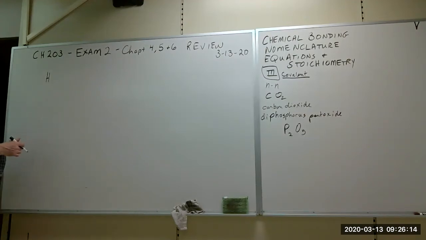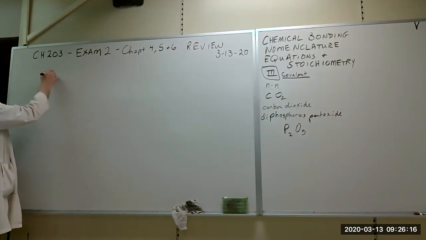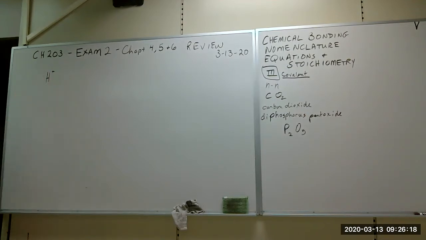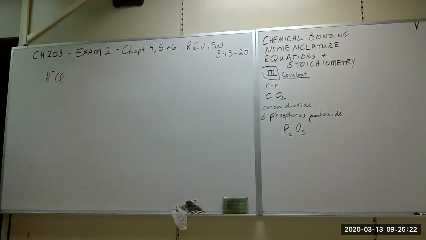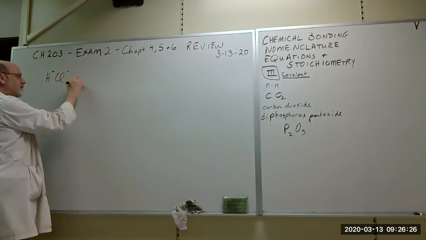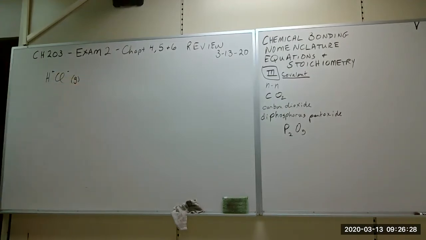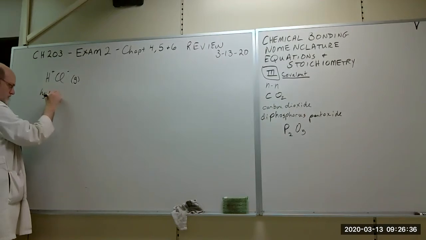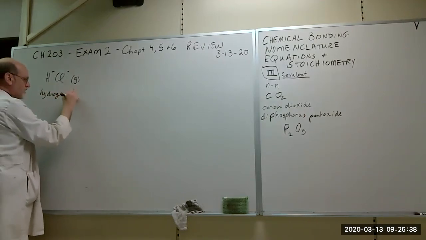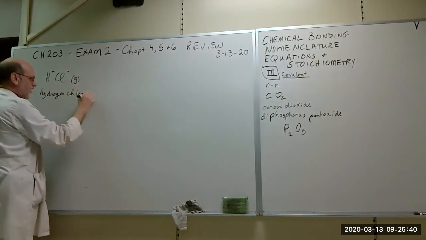It could be just an element like that. Right? So if this is a gas, then you would name it by our type 1 convention. Right? It would just be hydrogen chloride. Right?